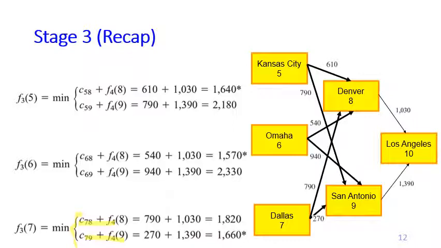Then we compare these two decisions, and denote the best decision among all options with an asterisk. It means that if we are in city 7 at the beginning of day 3, then the best decision would be going to San Antonio, or city 9.